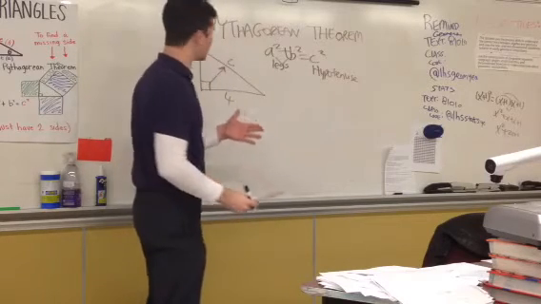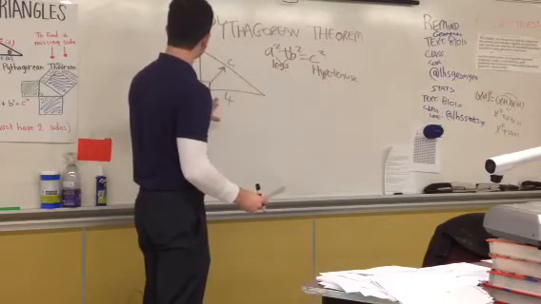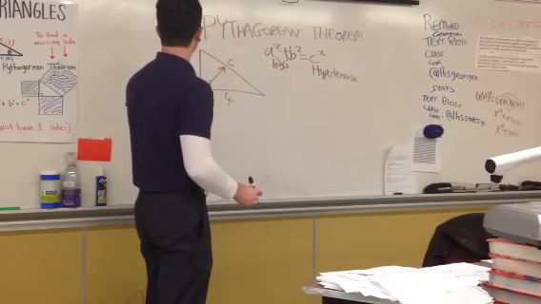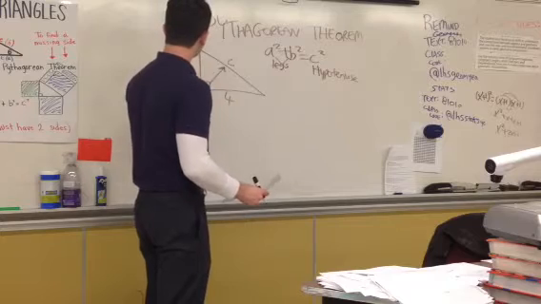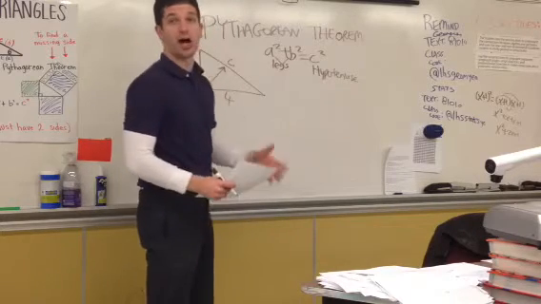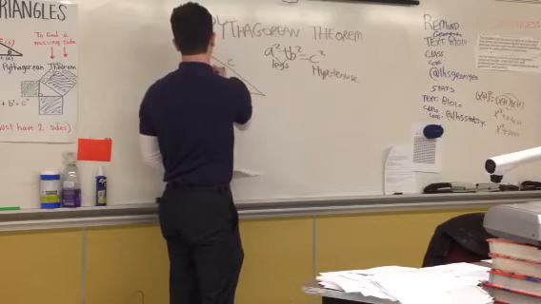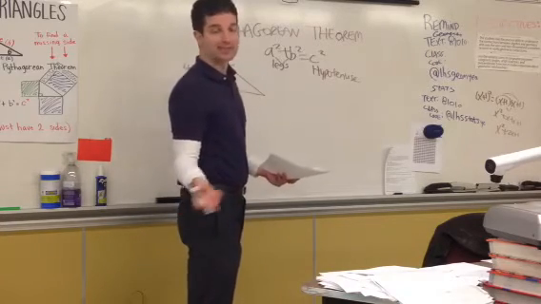In this situation, once again, I have my two legs, and I'm trying to figure out what my hypotenuse is. Also, what you'll notice is the legs are congruent. So this triangle is going to be isosceles because it has two or more sides of the same.